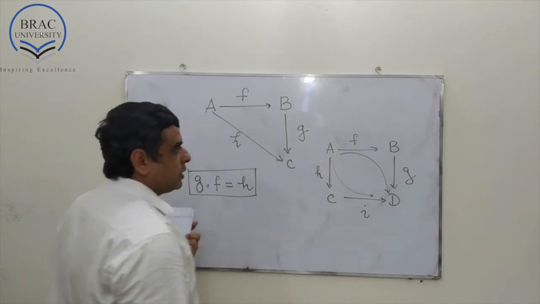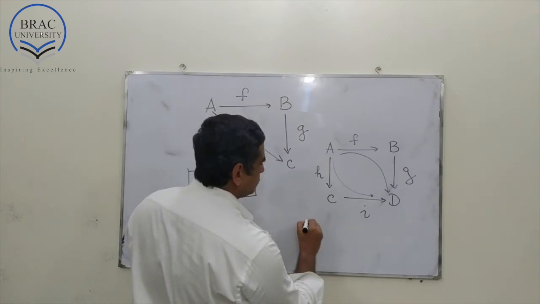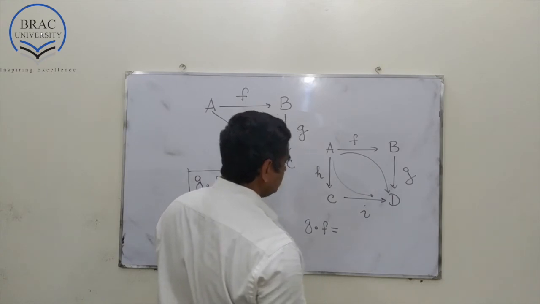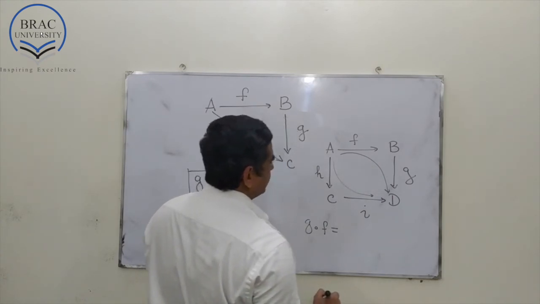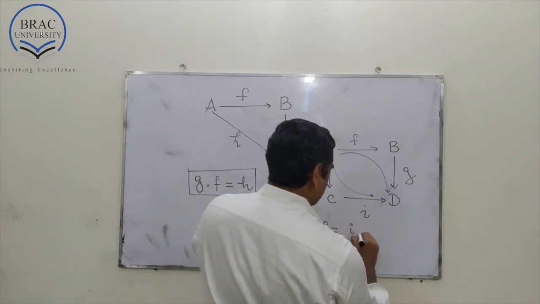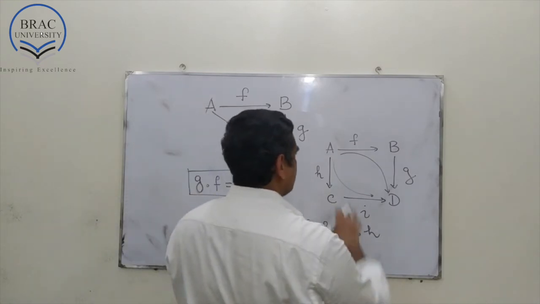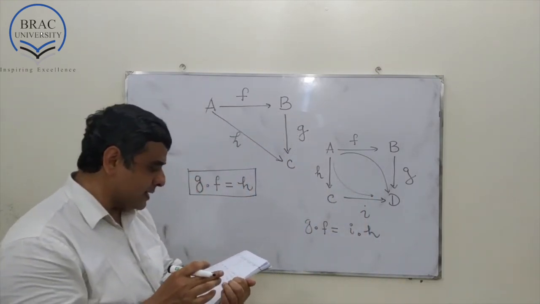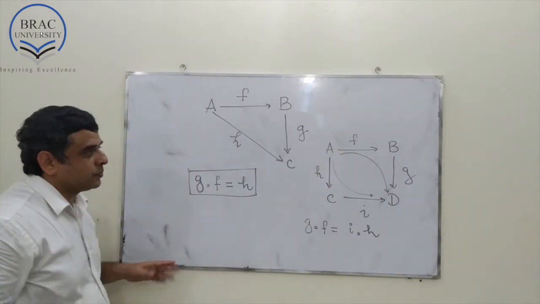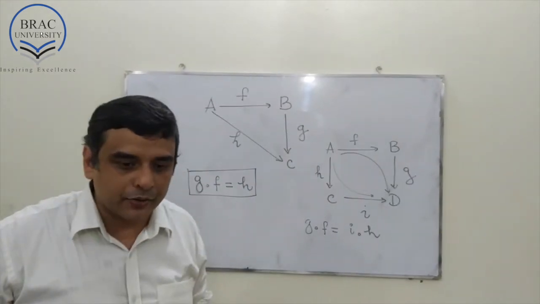So this diagram is called commutative if G composed with F is the same as I composed with H. In that case, we say that this is a commutative square of sets. So these are the preliminaries of a commutative diagram.